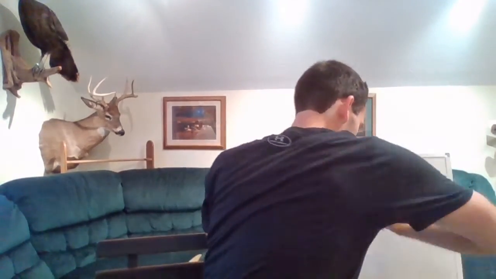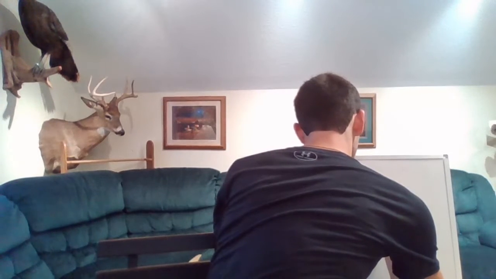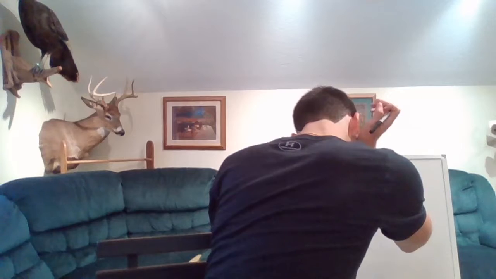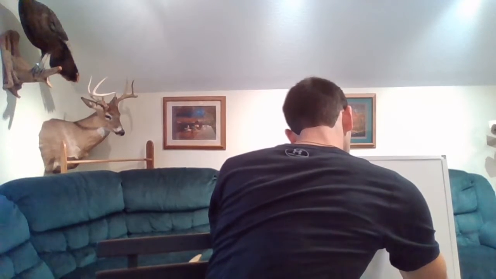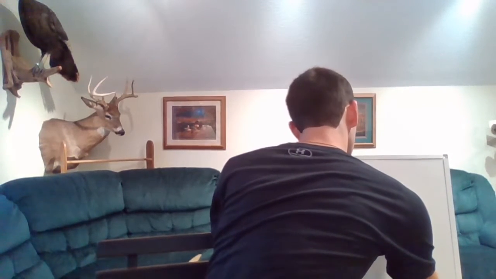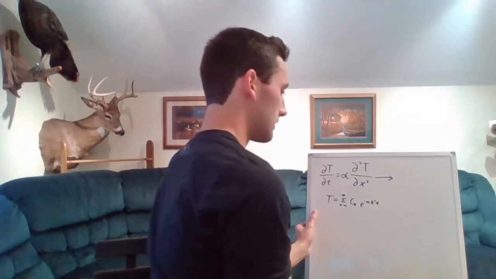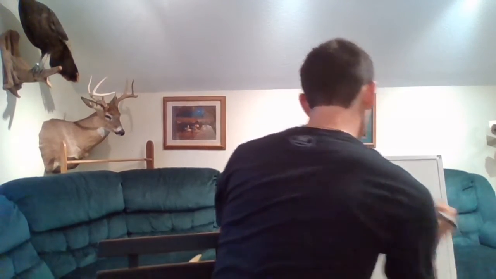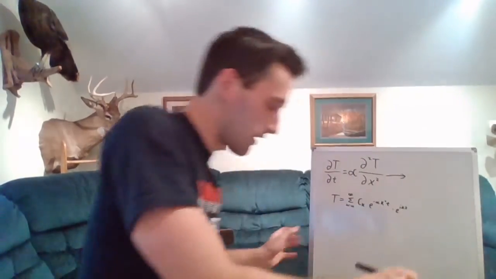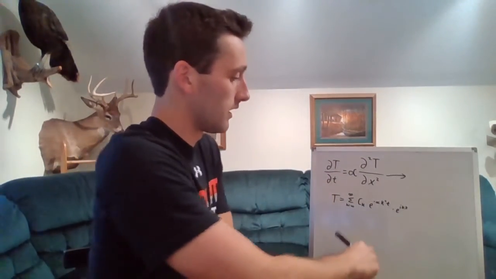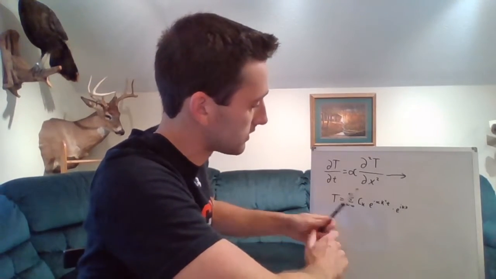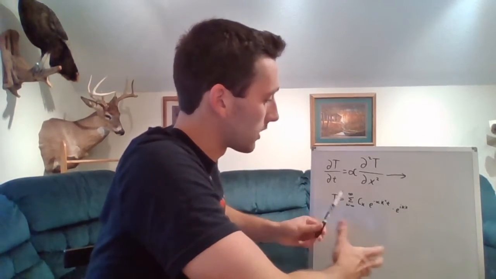And we will have that multiplied by e to the negative alpha k squared t, and we will have this times e to the ikx.